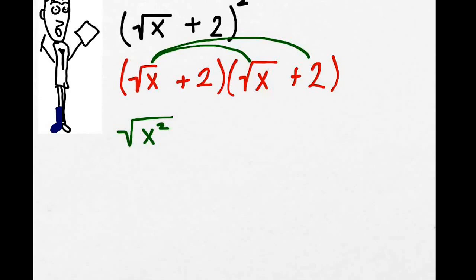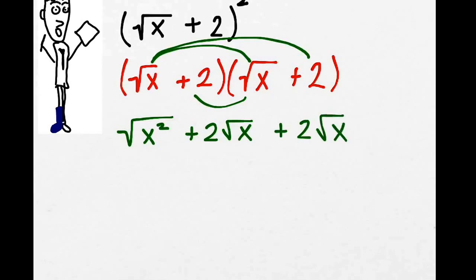The x is inside the radical, the 2 is an outsider. What's outside and what's inside never mix when you multiply things with radicals. So that's then going to give me a 2 root x for my outer multiplication. My inner multiplication, you're going to see, is going to be very similar. It's going to be 2 times that same root x, which is going to give me another 2 root x.